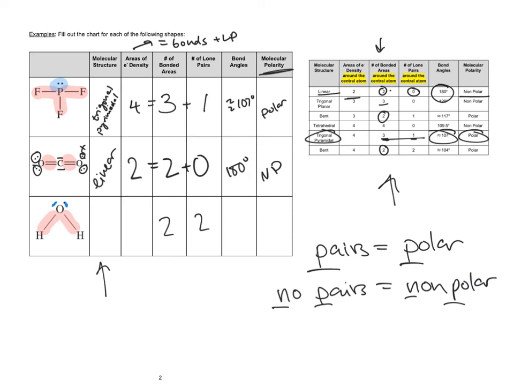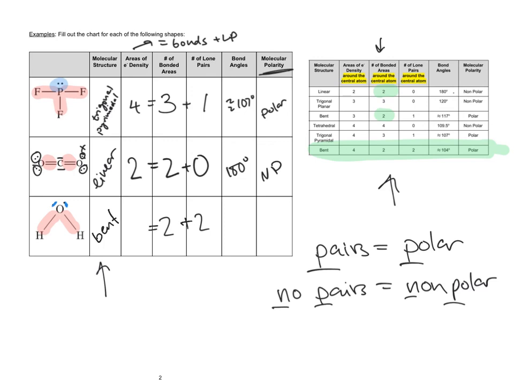I'm going to erase the chart real quick so that we can look at it clean and clear once again. Okay, we're looking for 2 bonds and 2 lone pairs. 2 bonds, there's 2, there's 2, there's 2. 2 lone pairs is right here. So this one, water, is bent because it's got 2 bonds, 2 lone pairs.